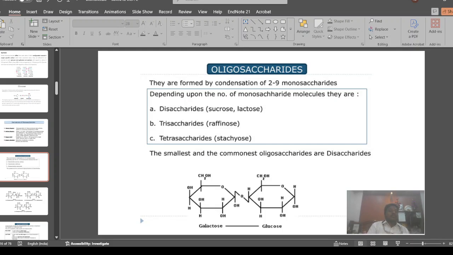So glucose, fructose and galactose can be categorized as alpha and beta based on the spatial arrangement of the hydroxy group of the first position carbon and the sixth position carbon. In case of fructose, it is the second position and the sixth position carbon.